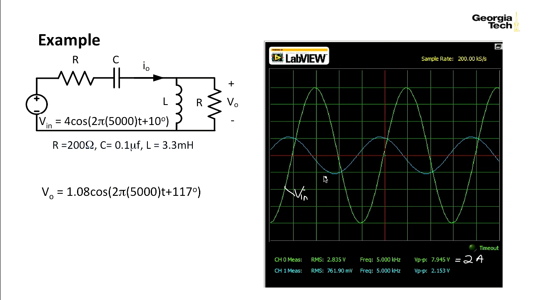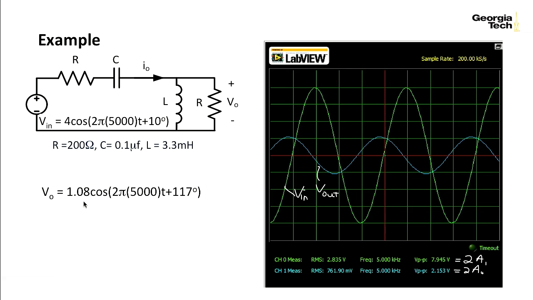Then my V out is right here. We had solved it to be 1.08, and you can see it's just above 1 division. Measured peak to peak, 2 times this output amplitude, is 2.16. So the measurement right here is exactly what it's supposed to be.